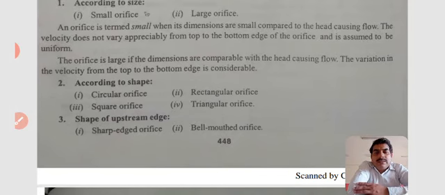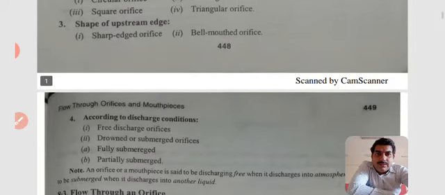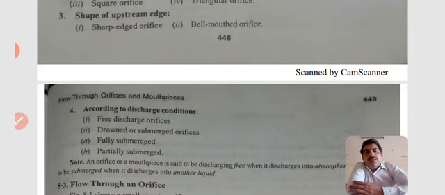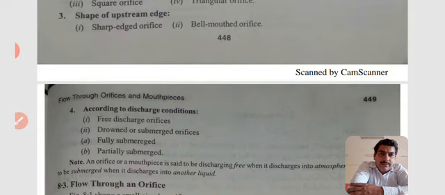Now, the second categorization is according to the shape of the orifice: circular orifice, rectangular orifice, square orifice, triangular orifice, etc. Then by shape of upstream edge: sharp edged orifice and bell mouthed orifice.